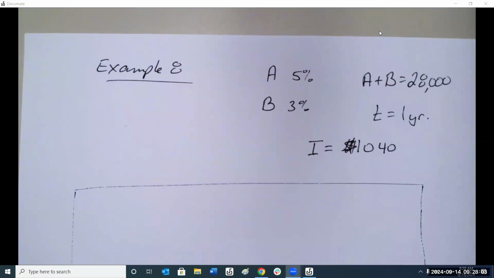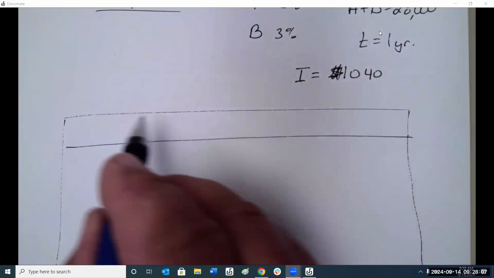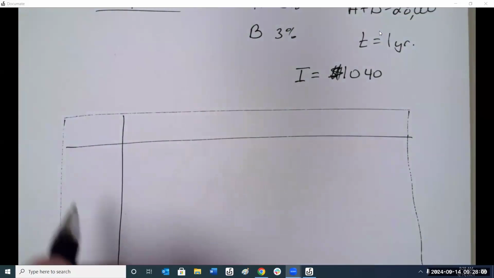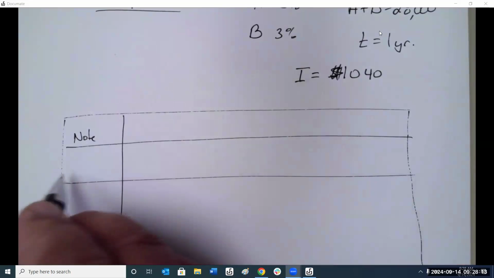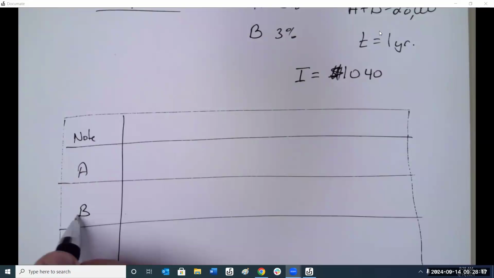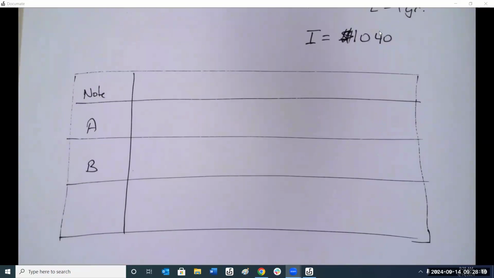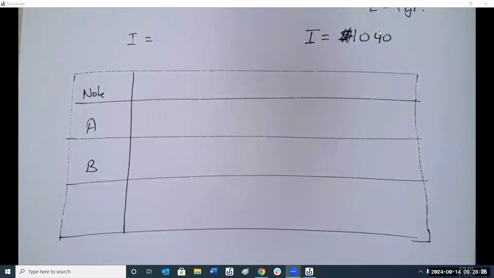So let's see our table here. Note, we have note A and note B. And we know the interest. What's the formula for interest?